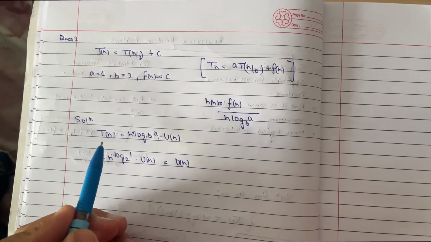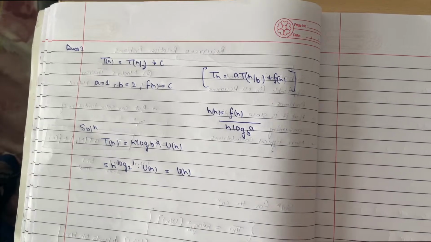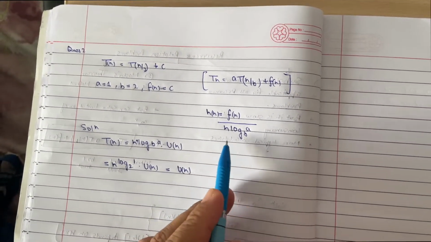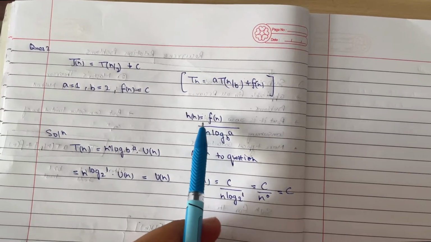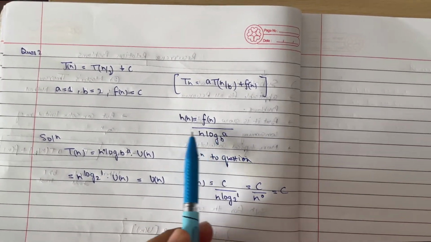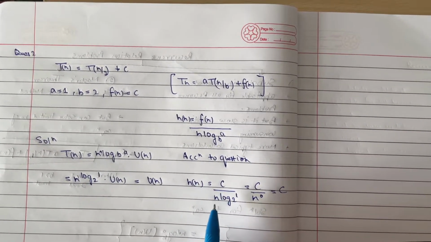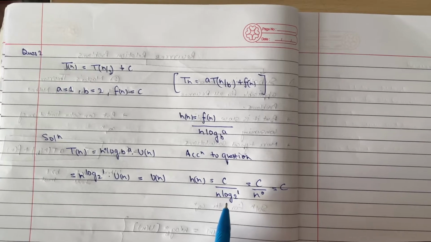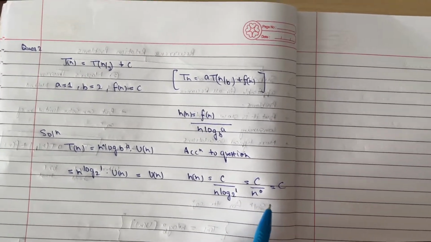So here the value of T(n) comes out to be U(n). Now we have to find U(n), so again we have to find the value of H(n). After substituting f(n), a and b in the equation of H(n), we get c / n^(log_2 1), that is c / n^0, that is c.